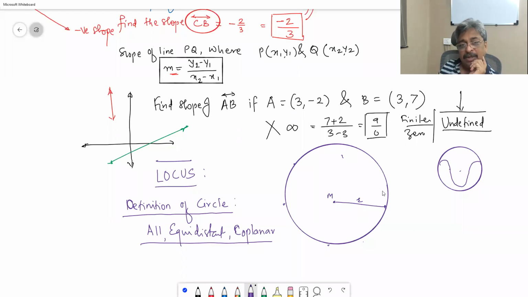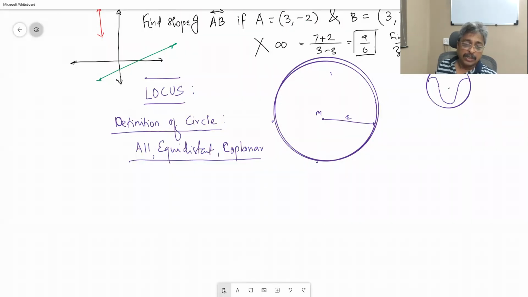However, because now it's a geometry definition, if I start drawing a circle from this point without lifting the pen, I will reach this point, right? And therefore it's the locus. Locus is a path, a route through which that point moves in the plane.